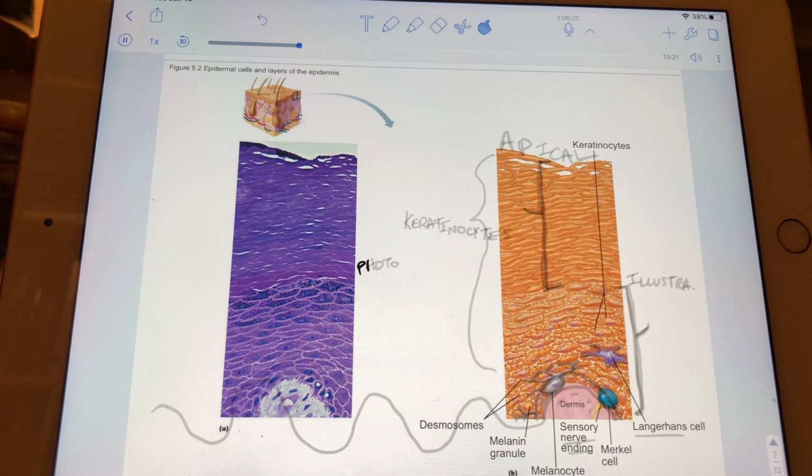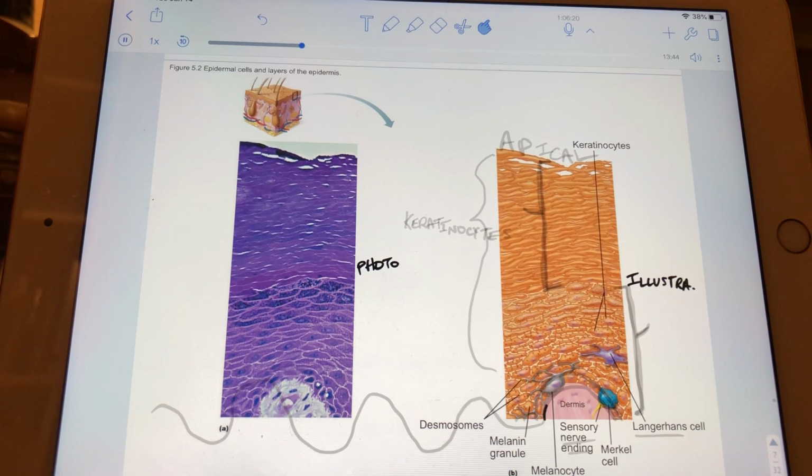So this is an actual photo, okay, whereas this is an illustration. Sometimes features are easier to see in an illustration because it's idealized than they are to see in a photo, but we'll bounce back and forth between these two.